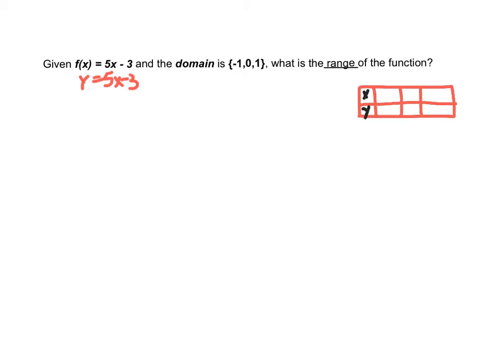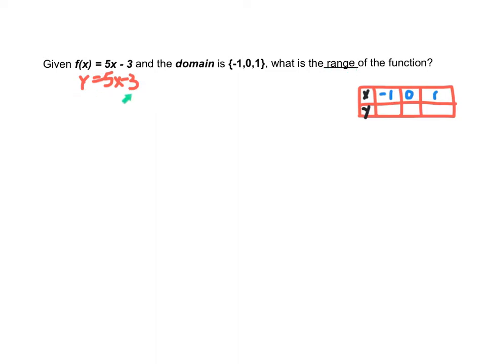We've been given the x. We have a -1, a 0, and a 1. What we are trying to determine is what are the y values that go with each individual x value, and that will be our range.